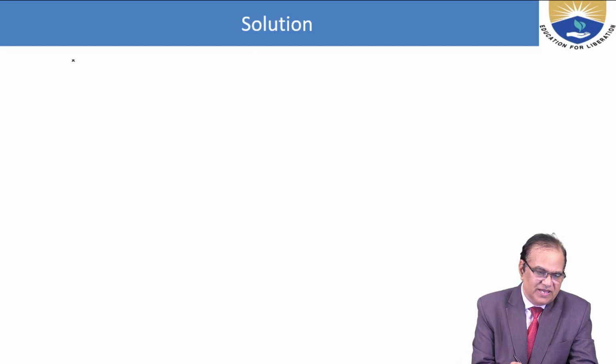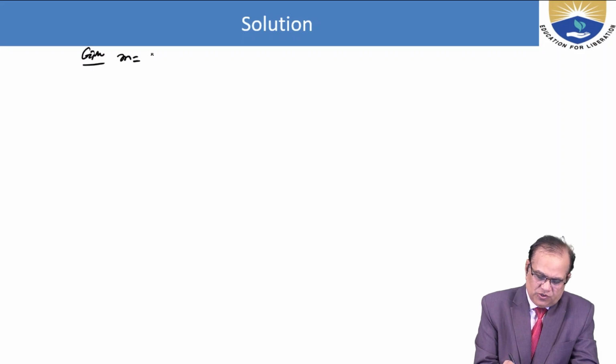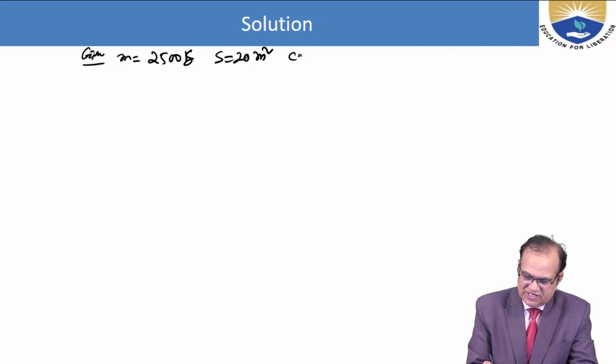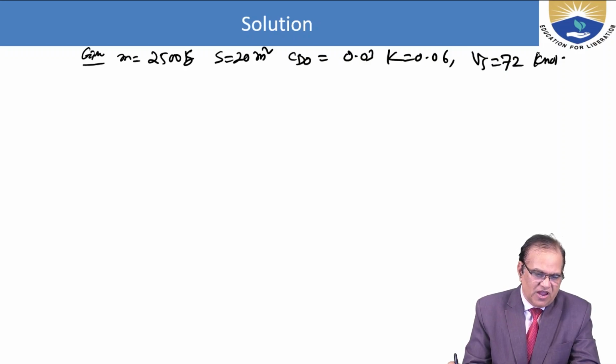So here given, mass is equal to 2500 kg, area is equal to 20 meter square, CD naught is equal to 0.03, K is equal to 0.06, VS is equal to 72 knot. So we have to find out.